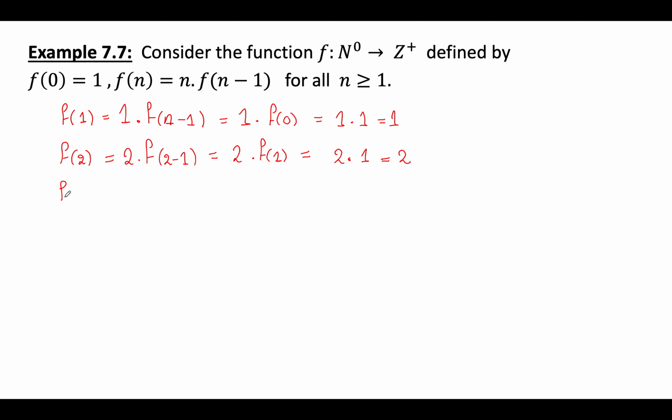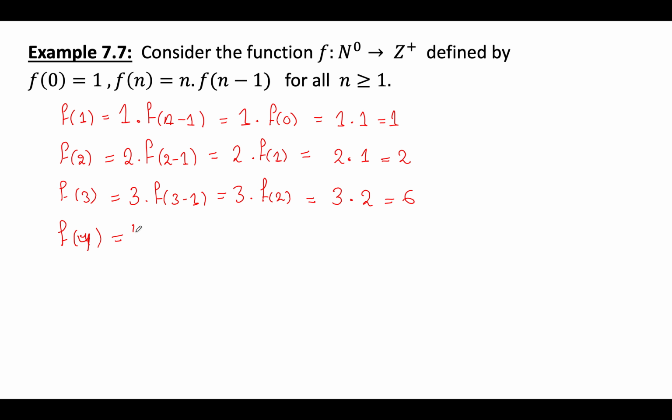If we see the third, f(3), we have 3 times f(3-1), which is equal to 3 times f(2). And here 3 times f(2) is 3 times 2, which is 6.